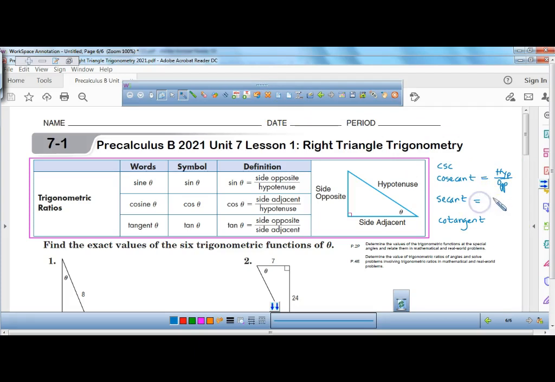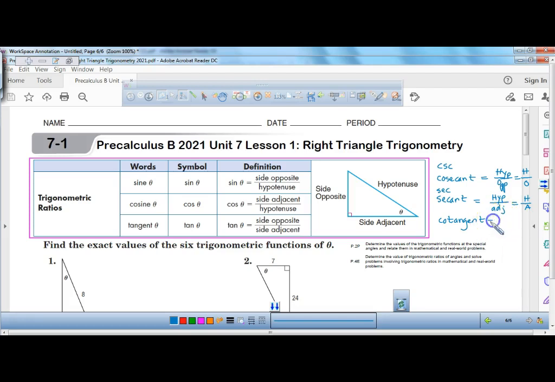Secant is the hypotenuse over the adjacent side. It's easy to remember as H over O and H over A. The abbreviation for secant is SEC, not the Southeastern Conference where those football players live and play, but SEC, secant.